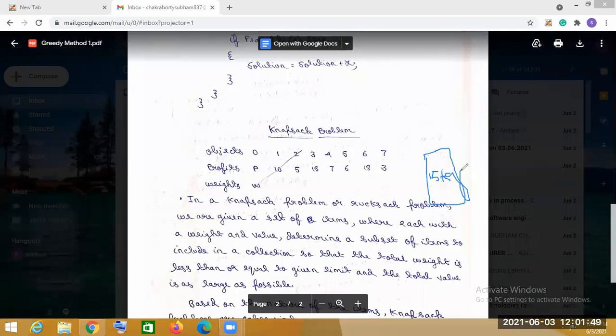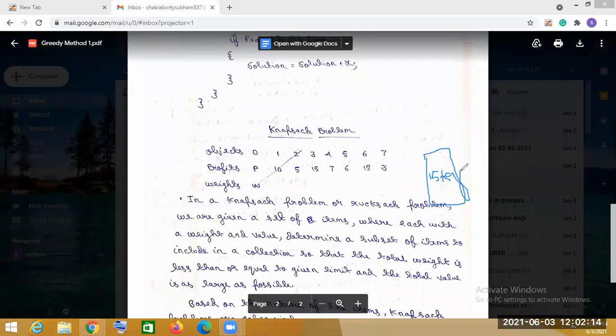In real life, this bag will be traveled to another place, and we have to sell the items that are put into the bag, so we put the items whose profit is much.